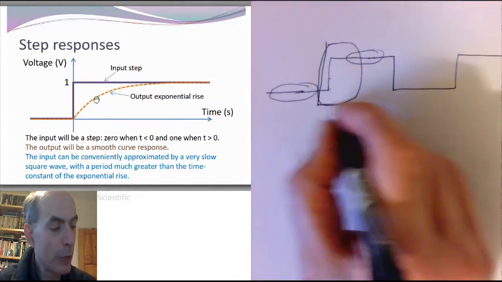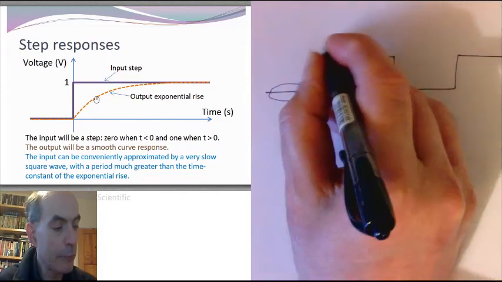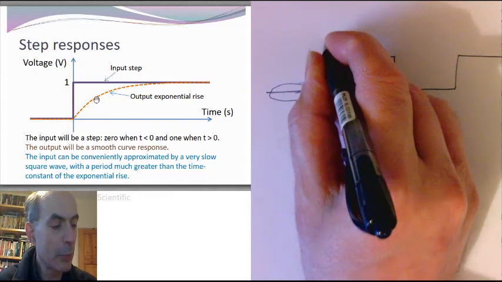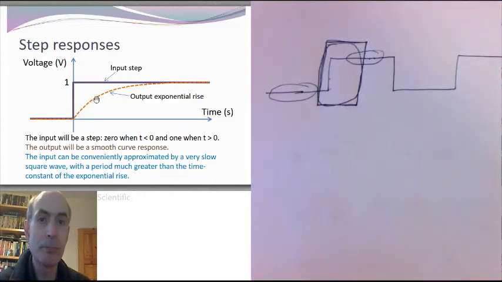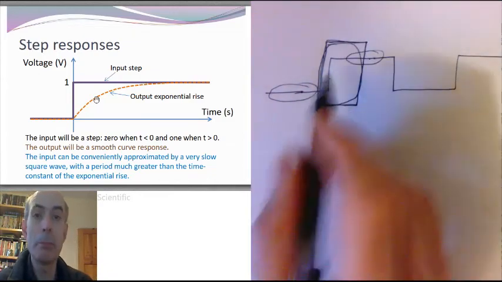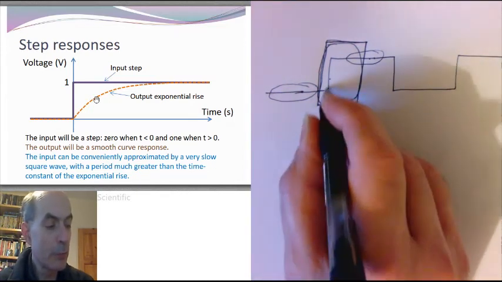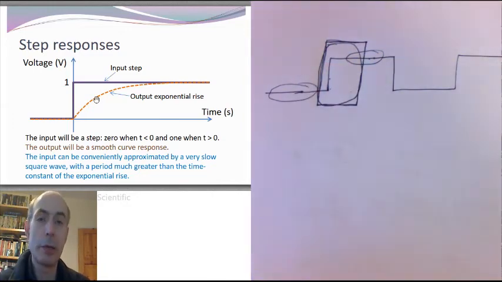We produce a very slow square wave, maybe something like 1 Hertz square wave coming out of the function generator, and then we zoom up on the scope so we're only looking at the time just before and after the rising edge of that square wave.